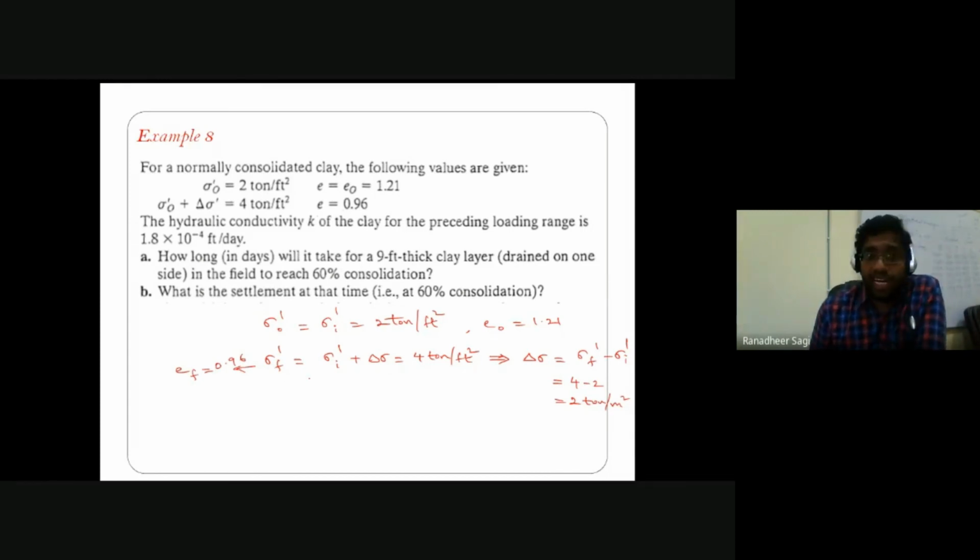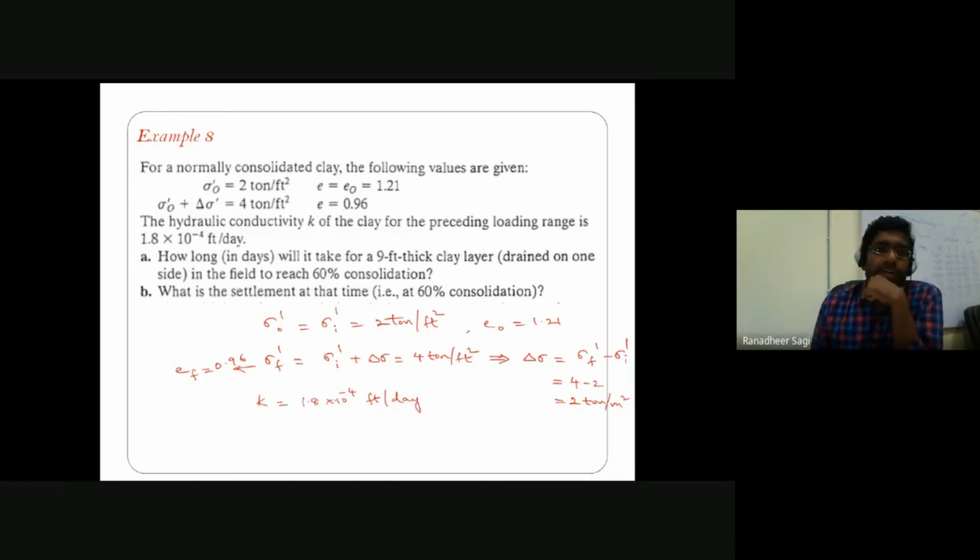The hydraulic conductivity of the clay for the preceding loading range is given. That's the K value of the soil for that stress condition, which is 1.8 into 10 to the power of minus 4 feet per day.